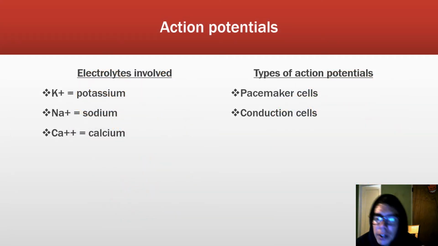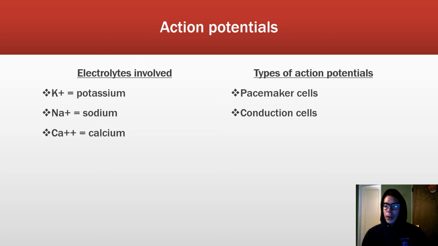So now we're going to talk about an action potential, which is the actual electrical impulse that goes through all the cells, because even the pathways and the nodes are made up of single cells just clustered together. So each individual cell, whether it be a cardiac myocyte, a heart muscle cell, a pacemaker cell, or a conducting cell, they have action potentials, which is what causes or transmits the electrical impulse.